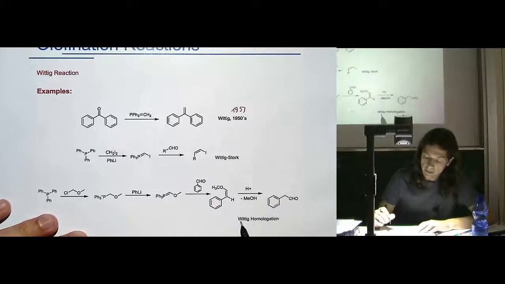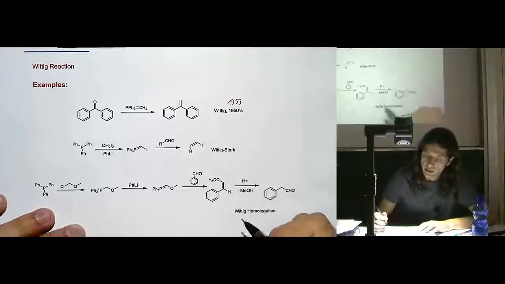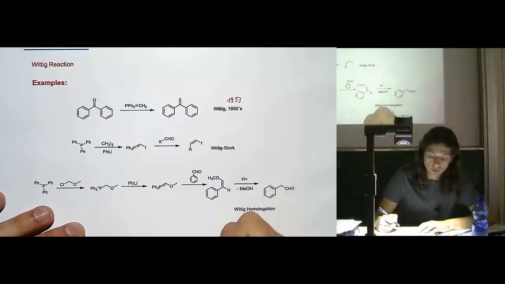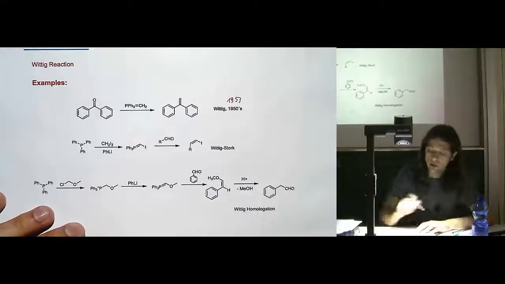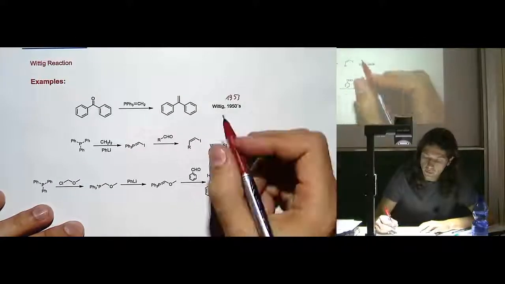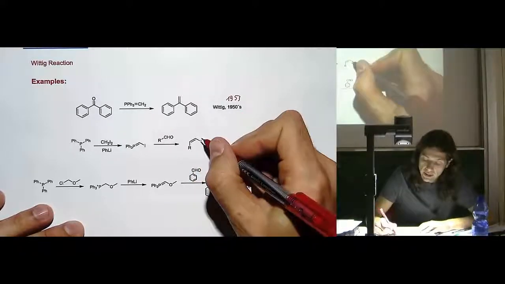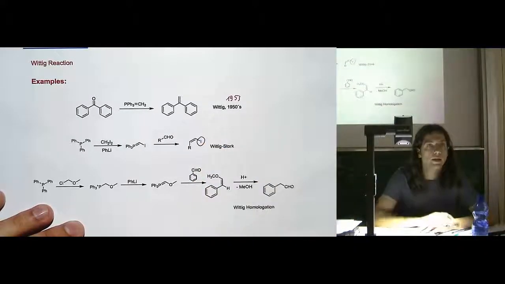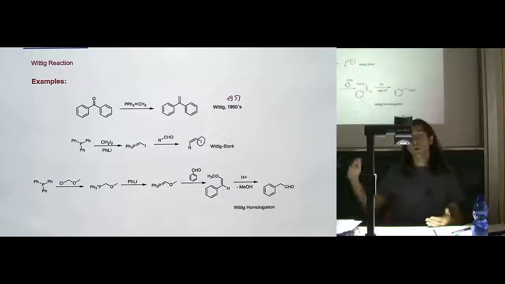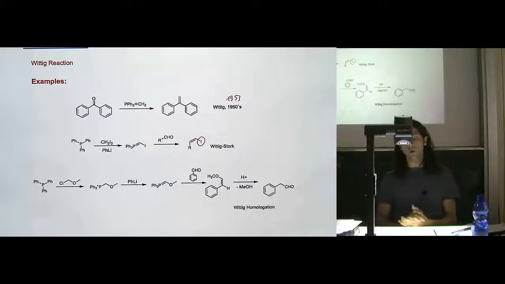Okay, there are, of course, several modifications of this Wittig reaction that are really important in organic synthesis. One of them is the Wittig-Stork reaction. In this case, it gives rise to this product at the end, which has a terminal halogen. This terminal halogen is very important. Why? Because it allows further functionalization, further growth of the molecule.